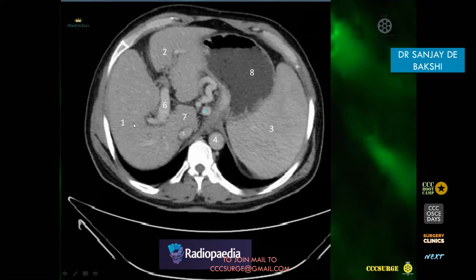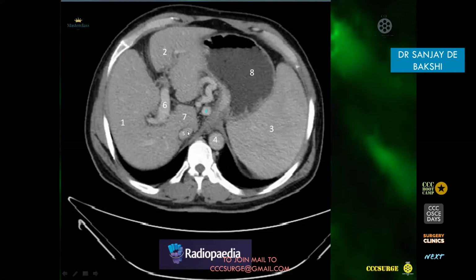Right lobe of liver. Number two, left lobe of liver. Three, spleen. Number four, aorta. Number five, IVC. Very good. Number six, portal vein. Very good. Number seven, caudate lobe. Number eight, stomach.